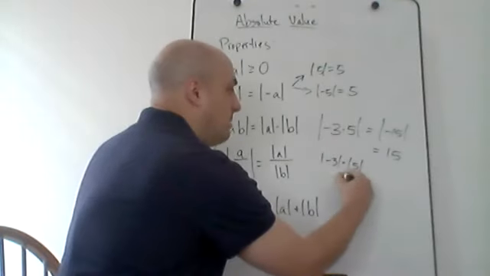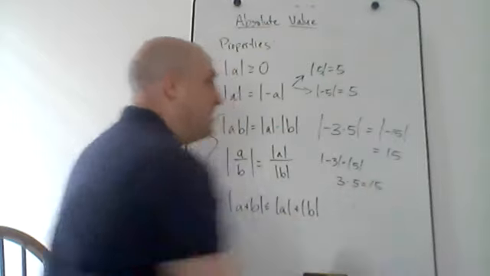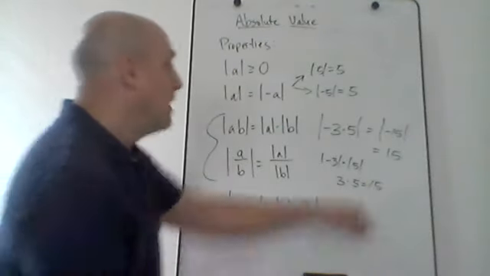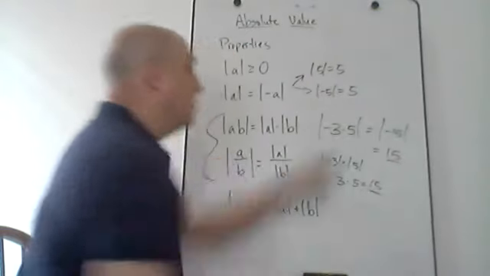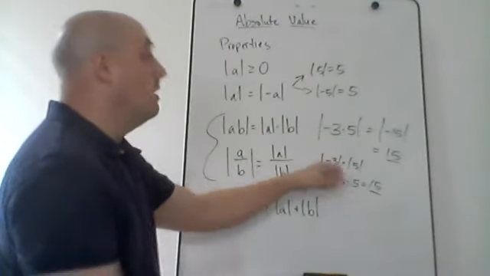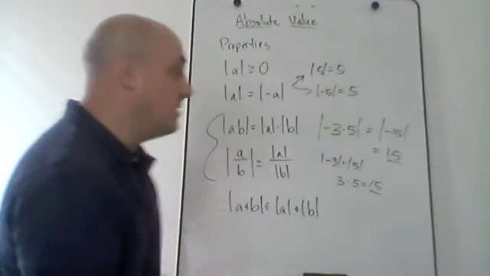The absolute value of negative 3 is 3, the absolute value of 5 is 5, and 3 times 5 is 15. So whether we multiply those two together first and then take the absolute value, or we take the absolute value of each individual number and then multiply them, either way, it's always going to give us the same result.